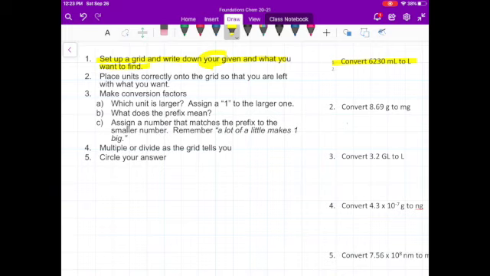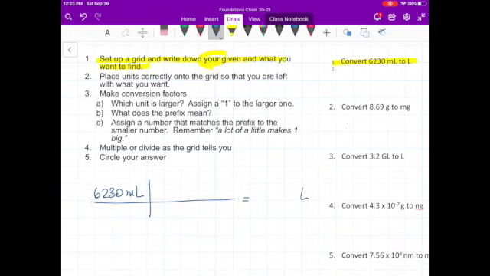Now, you can set it up one of two ways. I'm a messy person, so I set it up using a grid, but you can set it up using a series of fractions. They both mean the same thing though. So I'm going to convert 6,230 milliliters, that's my given, and I'm going to write down what I want to find.